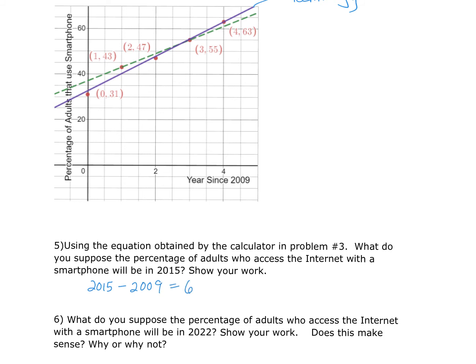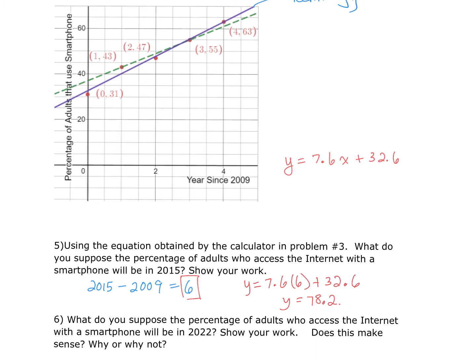Let me write down the equation that we did come up with. Y equals 7.6x plus 32.6. So now that we want to find the number of adults who use their smartphone in 2015, we will plug a 6 in for our X, giving us 78.2.